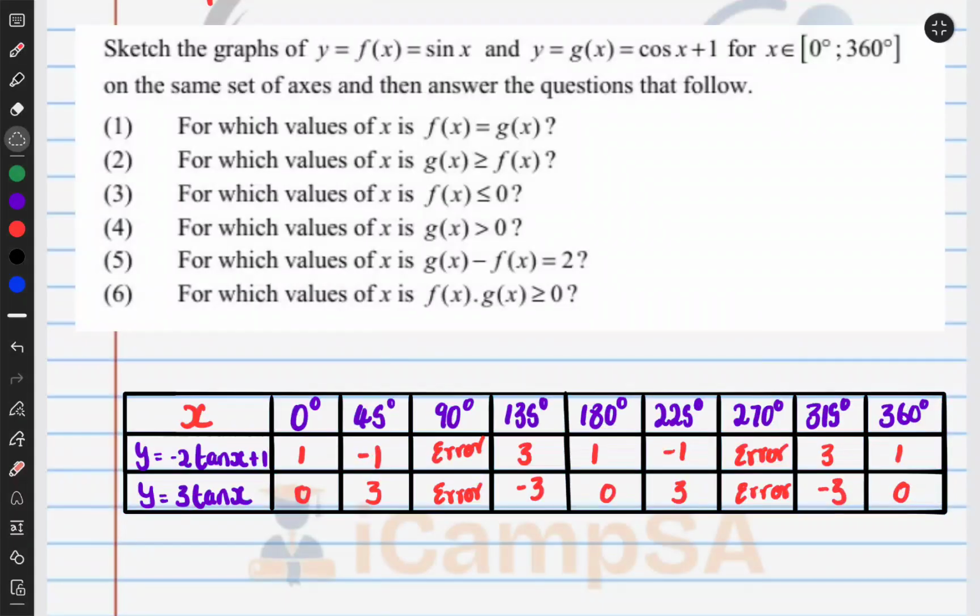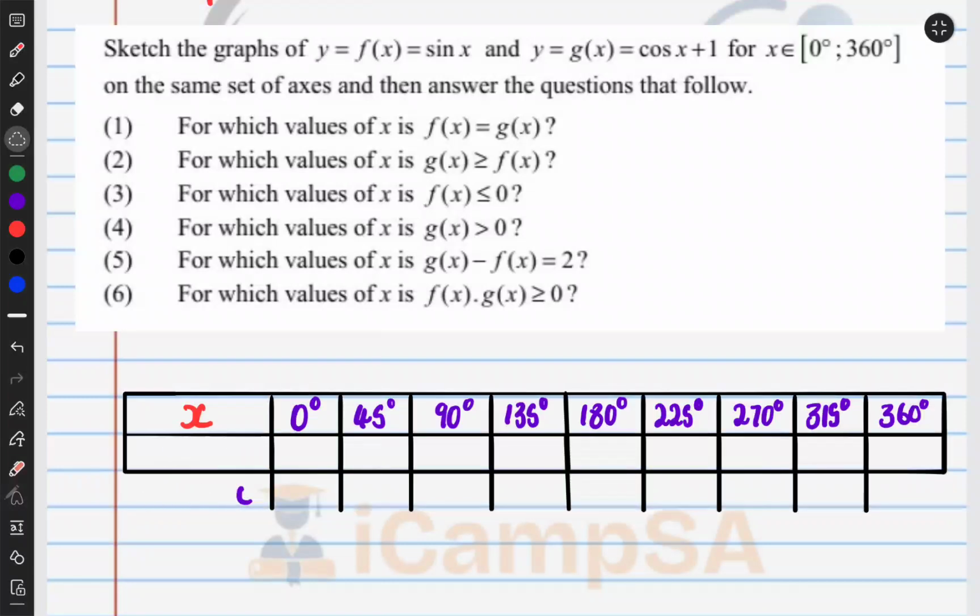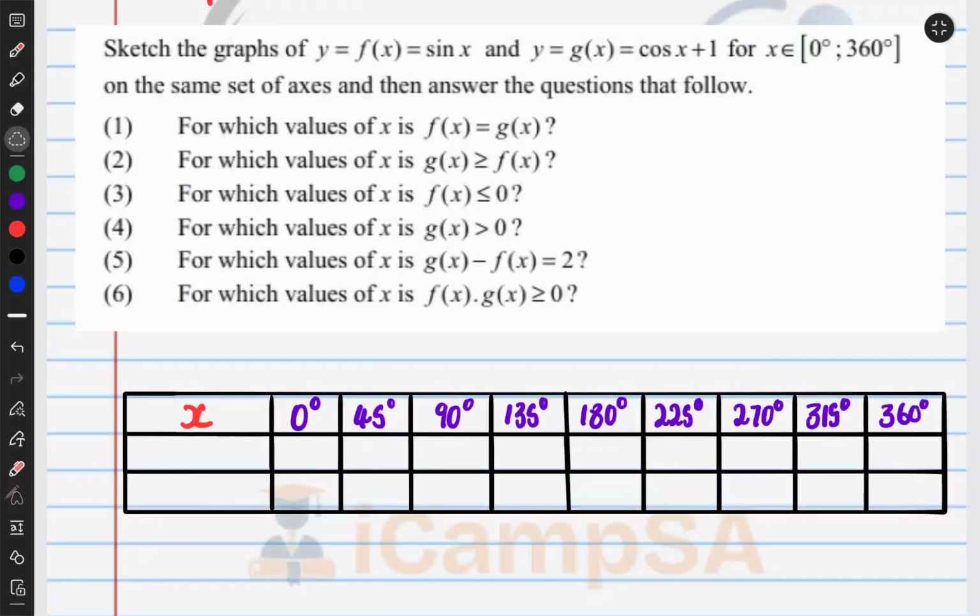Yeah, we might as well just use intervals of 45 also. So what's the first equation?